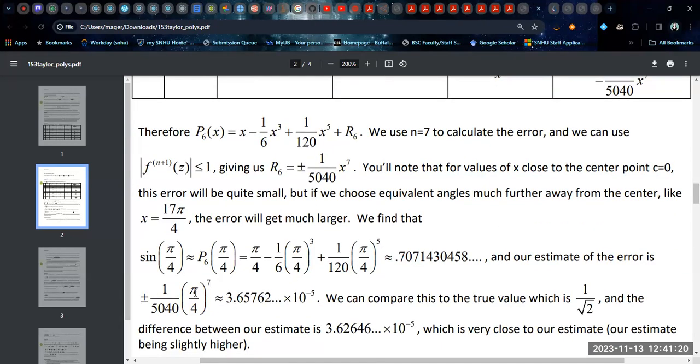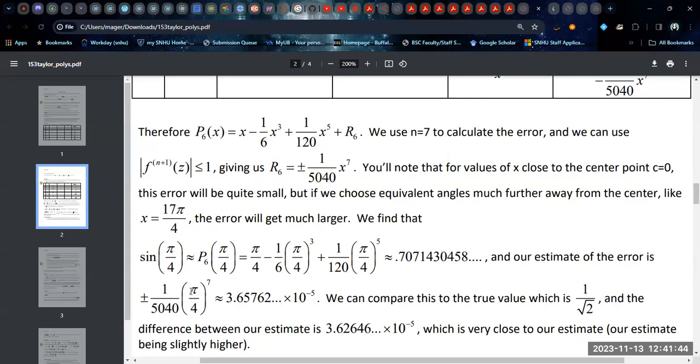So here we will plug pi over 4 into the polynomial, and this is the x, this is our x cubed, this is our x to the 5th. When you plug that into the calculator, you get something about this. And we know that we're supposed to get 1 over the square root of 2. So this actually does look somewhat similar to 1 over the square root of 2.